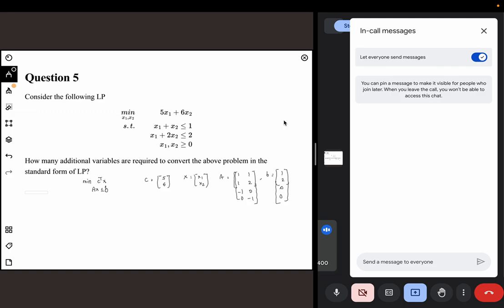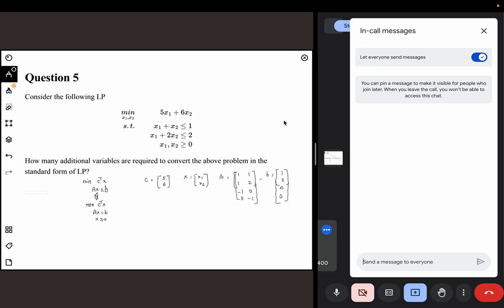We have this original problem and from this we converted it into the standard form. Of course the C here and C here are different, A, b, C, everything is different, but you can convert from one form to another. They are interchangeable. We did this even last week, and just now in the derivation we discussed this one.